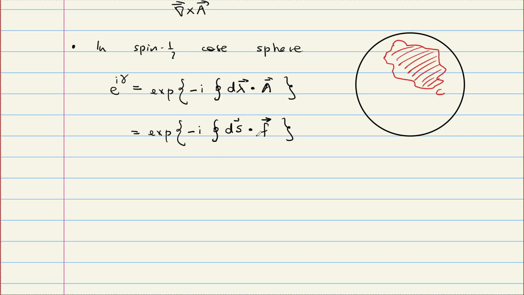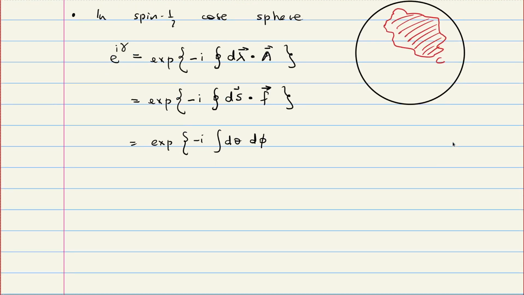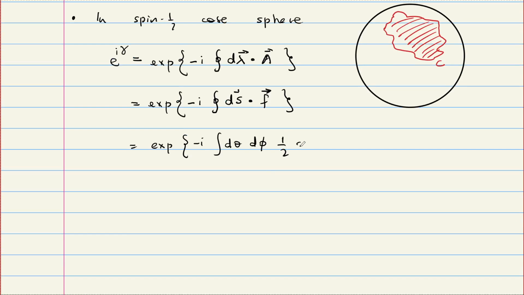And what is S dot F here? Let's write it in two steps. So this is minus i, this is d theta, this is d phi, and this thing we found, 1/2 sine theta. Right around this loop we now have d theta sine theta d phi.